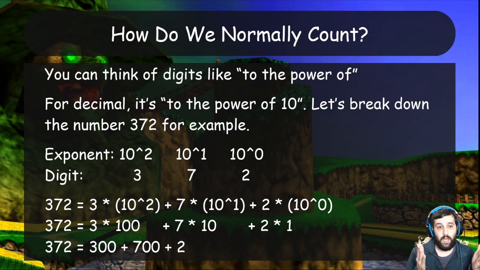In the 10 to the power of 2's place, the hundreds place, we have 3. In the 10 to the power of 1's place, the tens place, we have 7. And in the 10 to the power of 0's place, we have a 2. So if you add 3 times 100, plus 7 times the tens, plus 2 times the ones, you'll get 372.